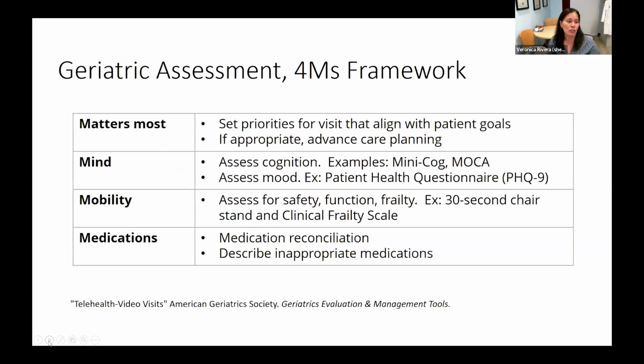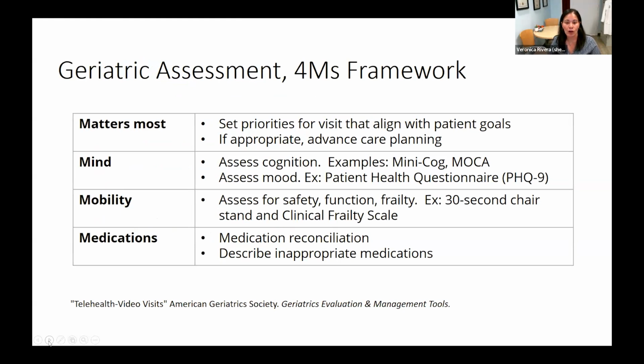And then another thing I just wanted to point out is as geriatricians or providers caring for older adults, it's also important to think about our 4Ms framework and how we can also do these assessments on telemedicine visits.